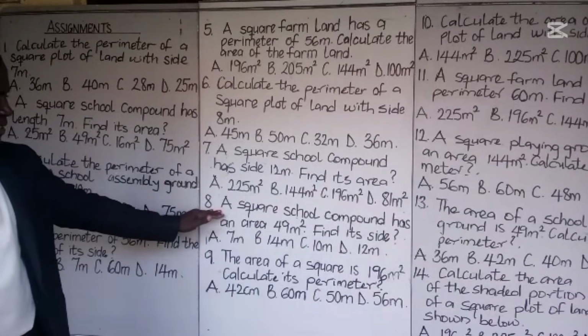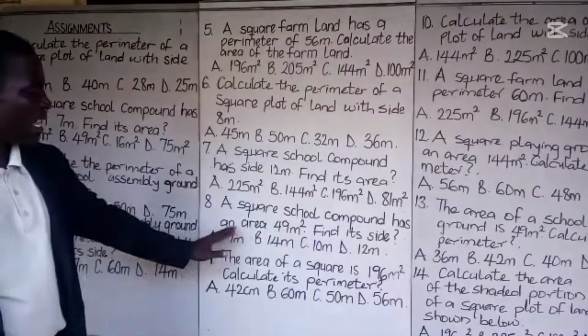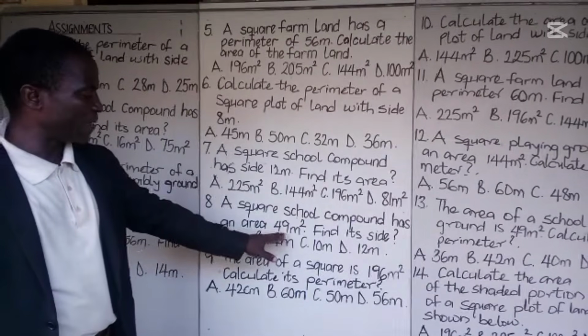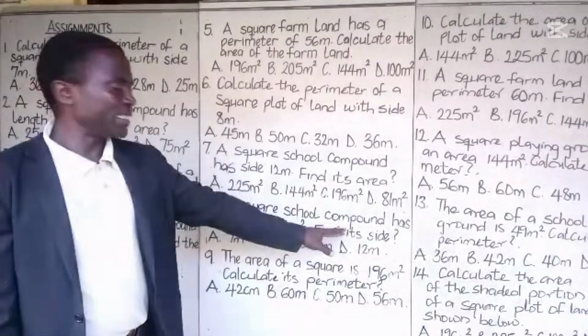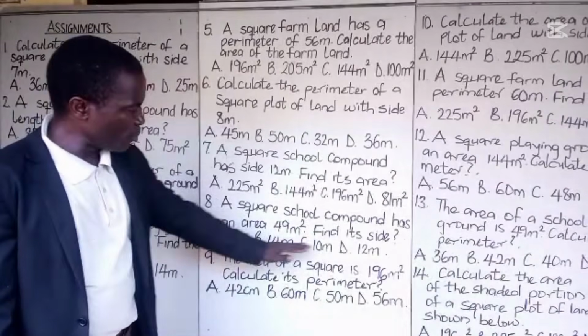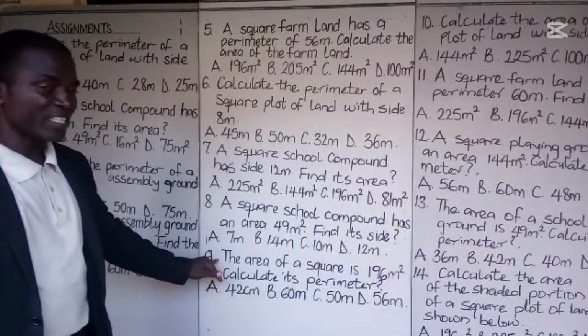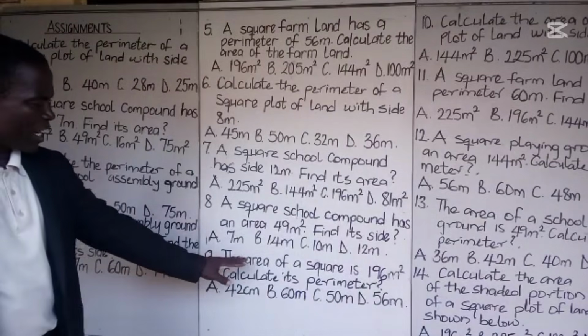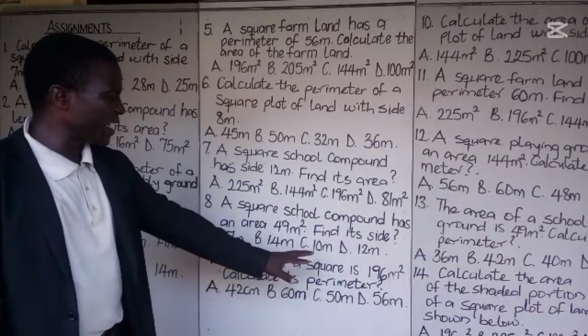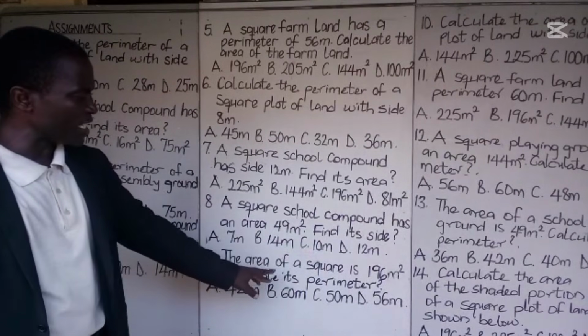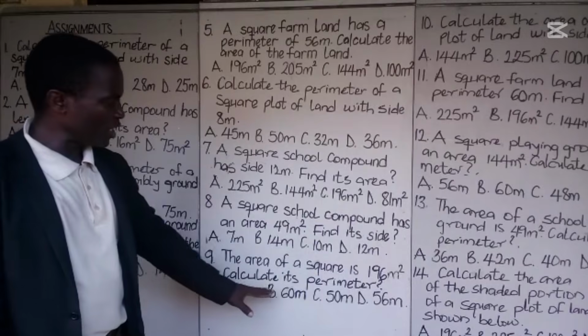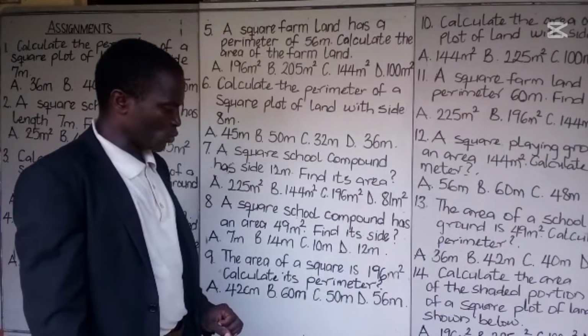Assignment 8: a square school compound has an area of 49. Find its side. Here are the options. Assignment number 9: the area of a square is 196 meters square. Calculate its perimeter. Here are the options as well.